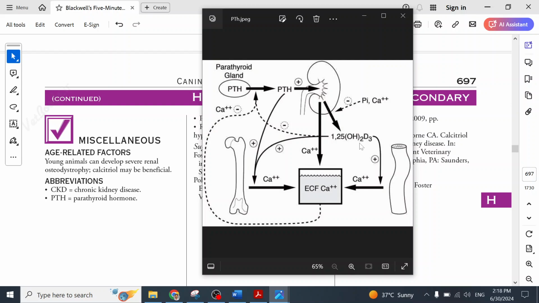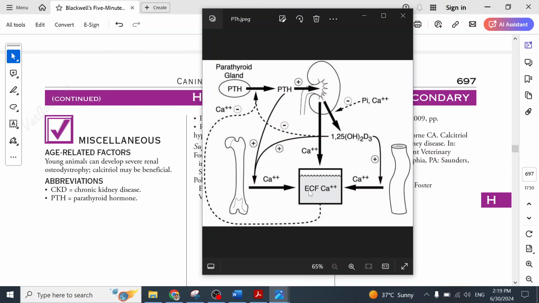The other name for it is calcitriol. Calcitriol helps absorption of calcium from the GIT. Also, from the kidney there is direct absorption of calcium into the ECF, extracellular fluid. Parathyroid hormone also acts on bone for the resorption of calcium into the ECF.